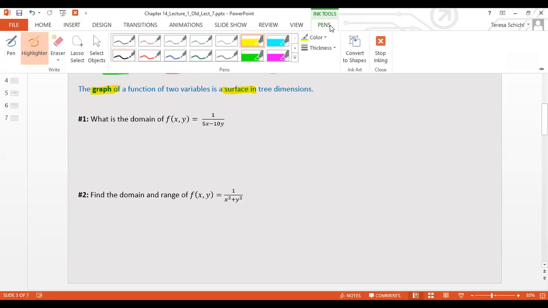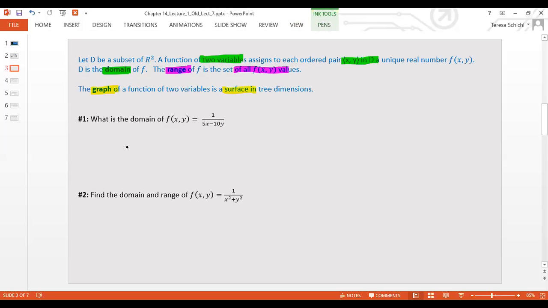Now let's take a look at the first problem. What is the domain of f(x, y)? The x and y start out as all real numbers, but this is a fraction, so the only way it is undefined is if 5x minus 10y equals 0, meaning the denominator equals 0. So x equals 2y, or y equals 1/2 of x.